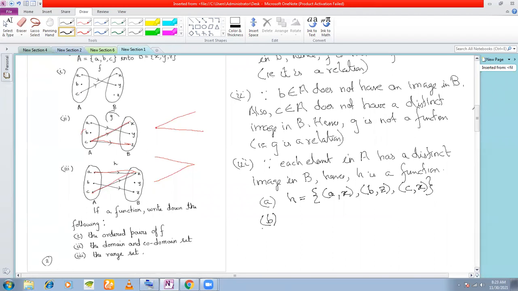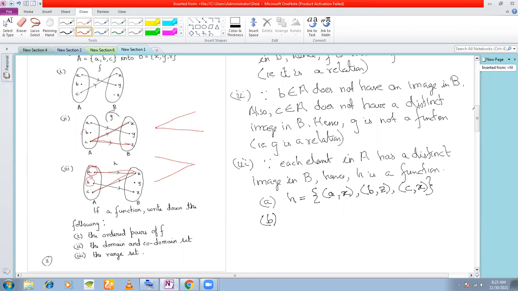These are the ordered pairs. Next, this is important: the domain and the codomain set. See that because it is a function, each element must be mapped. So therefore, the domain set becomes the set whose elements have distinct images that exist. What are those?